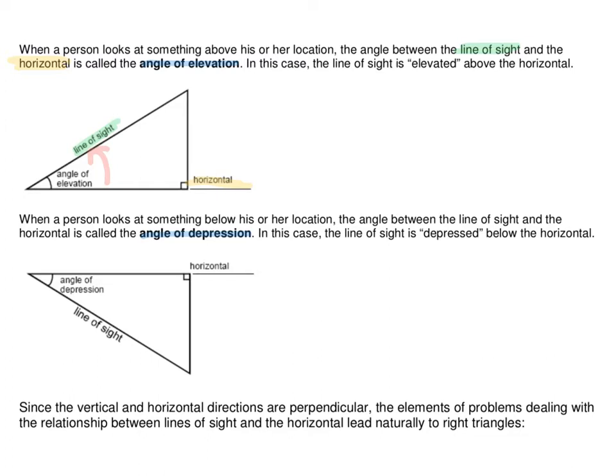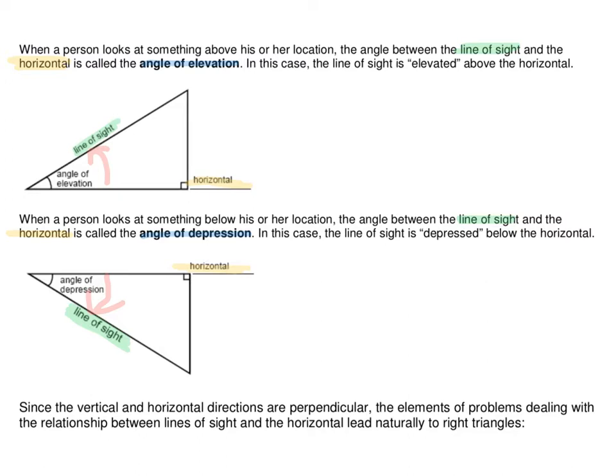So we again see that our line of sight is used to construct the hypotenuse of our right triangle, and that the horizontal is going to be used to construct the base of the triangle. In this case, we are looking down, so our angle is one of depression.